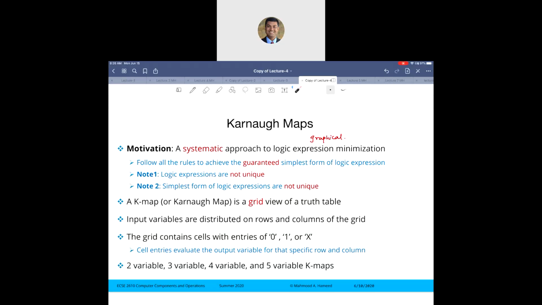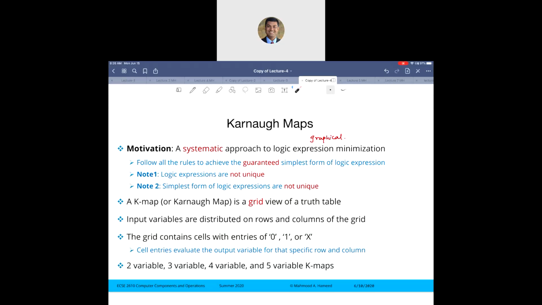So you may have different simplest forms. They are representing the same logic function. However, they look different. But the point to note is they will have the same minimized form, meaning if you were to associate a term of cost of implementation with these logic expressions, the cost will be the same, but the form itself might be different.